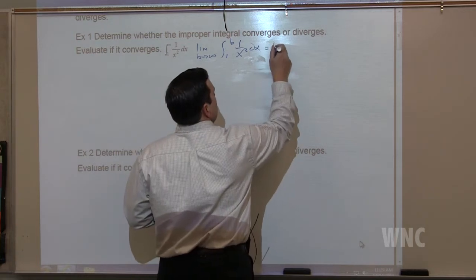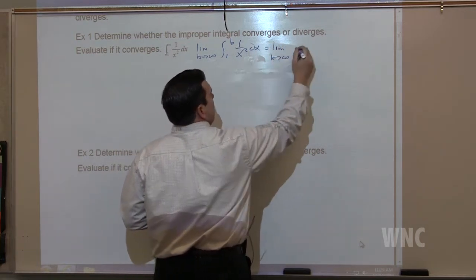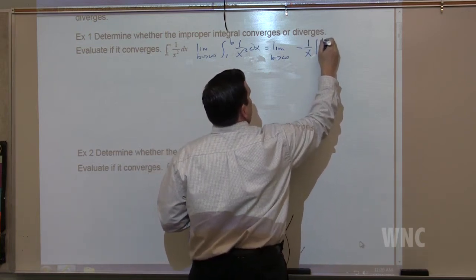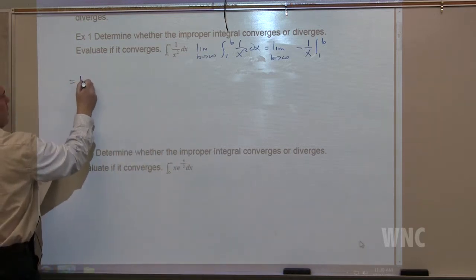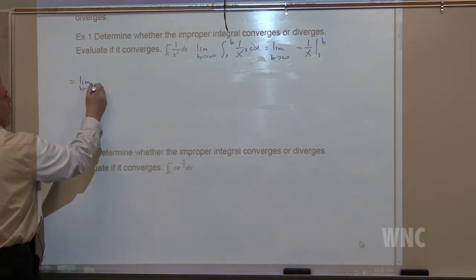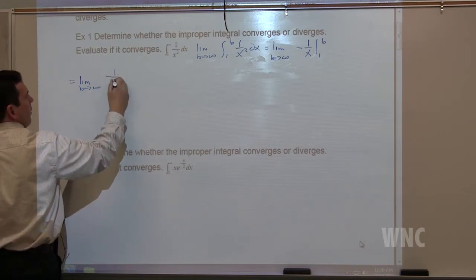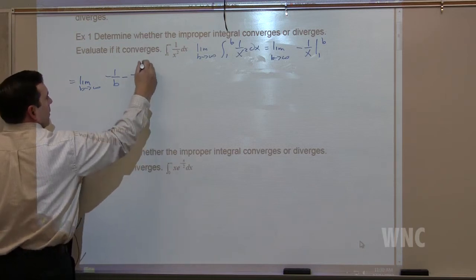As we know, this is the limit as b goes to infinity of negative 1 over x from 1 to b. So we have the limit as b goes to infinity of negative 1 over b minus negative 1 over 1.